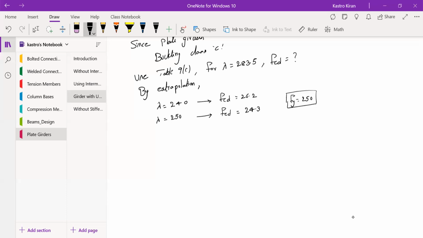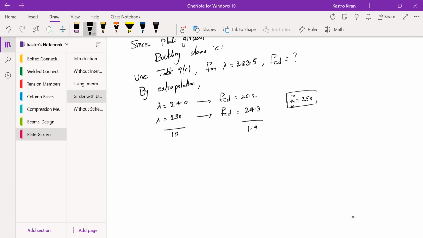Now, first you have to calculate the differences of these values. 250 minus 240 gives 10. Forget about the minus symbol. Then 26.2 minus 24.3 gives 1.9.